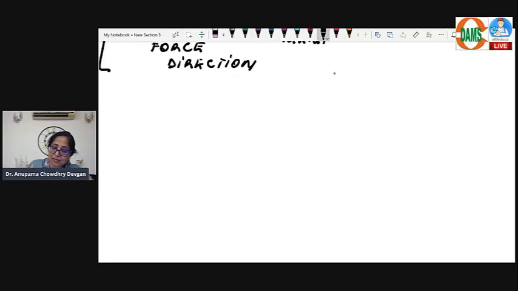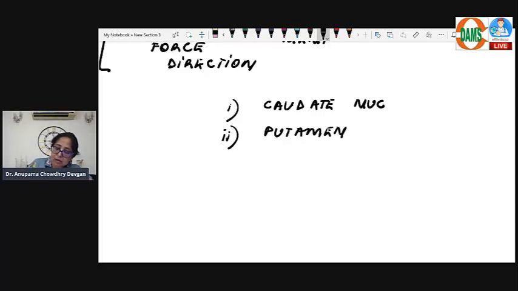Now what are the parts of the basal ganglia? Number one is caudate nucleus, putamen, globus pallidus.